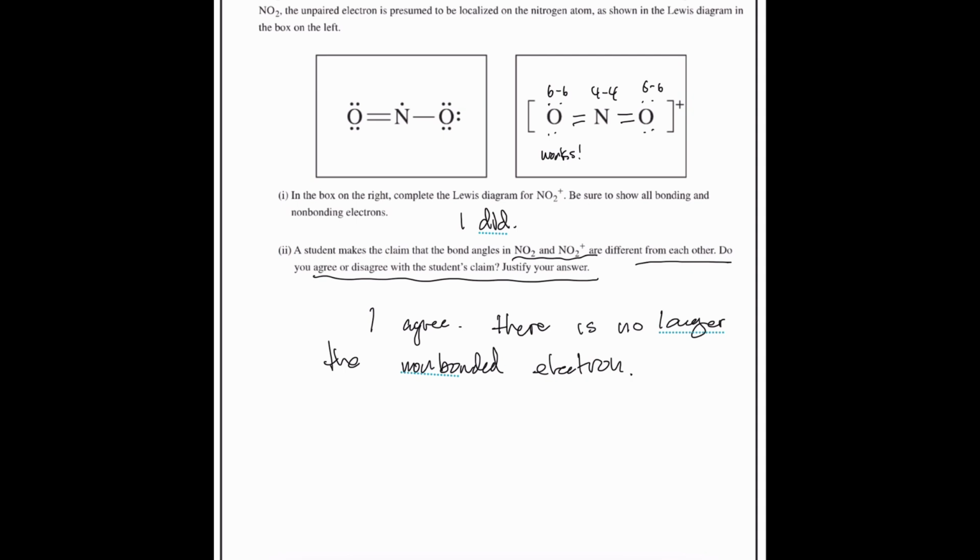You see that right there? That is pushing those oxygens down because it's repelling them, so it makes the angle slightly different. And since that's gone because it became bonded, it's just not there anymore to force it.